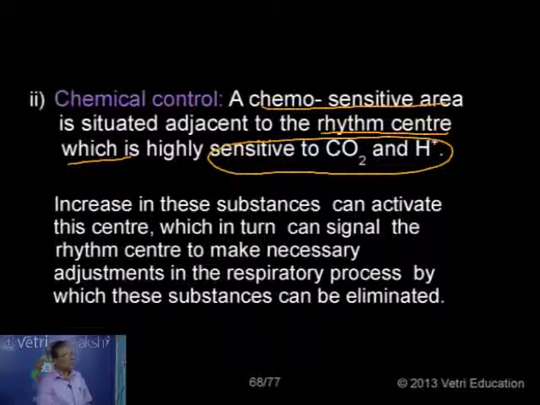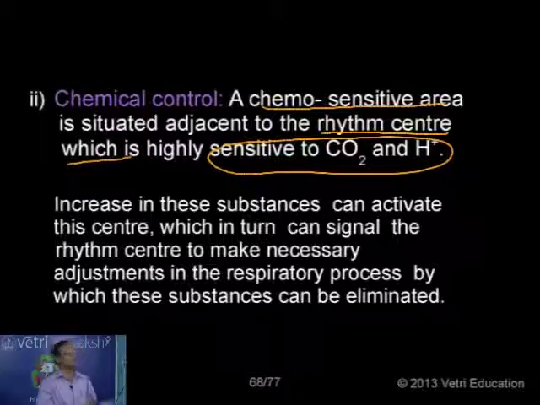Once the concentration of hydrogen as well as carbon dioxide increases and stimulates these chemosensitive areas, immediately these sensitive areas send signals to the respiratory rhythm center, which makes the necessary adjustments to alter the respiratory process so that these two substances can be eliminated in a simple manner through the alveoli.